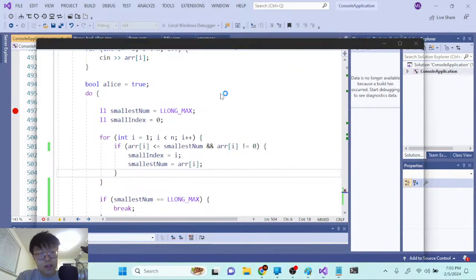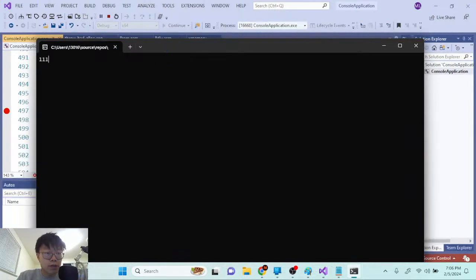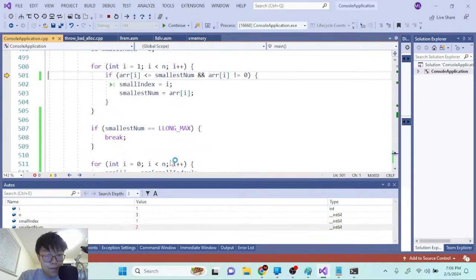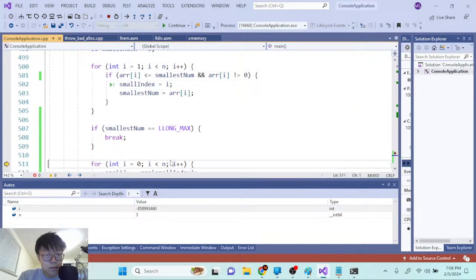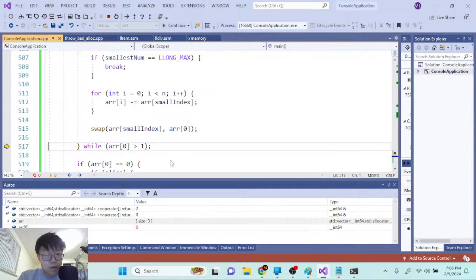If we do one, okay, so if we do one, let's see, one, why are you just not loading? 3, 3, 2, 1. Swap it.